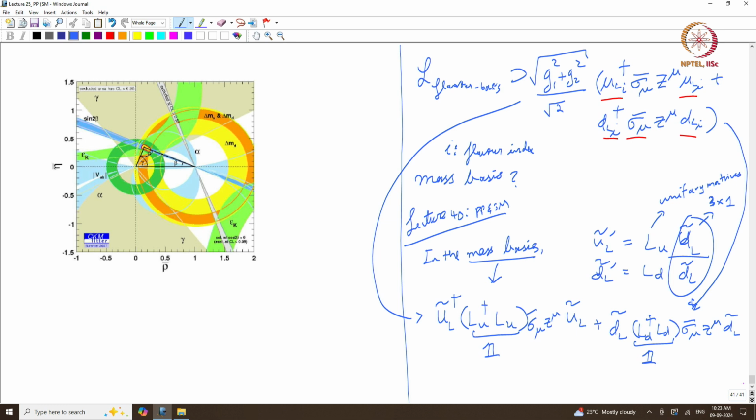Remember, when we had charged currents, recall that we actually had something like L_U dagger L_D, because on this side I had a U_L dagger, but then on this side I had a D_L, right. So I still ended up with a matrix that in general is not unity, and that was indeed the CKM matrix. But I do not have that luxury now.